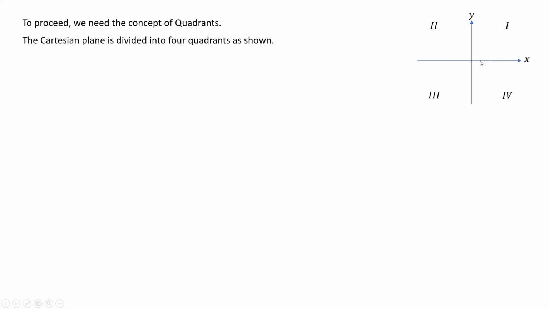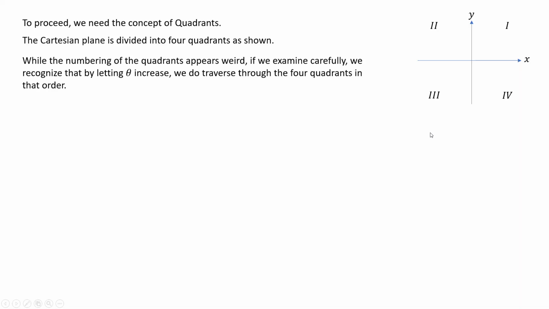So if you look at the way that segment is traversing as theta increases, no wonder we call this the first quadrant, because this is the quadrant in which that line segment lies first and then goes to quadrant 2 and so on. So that is one concept that you need to understand.